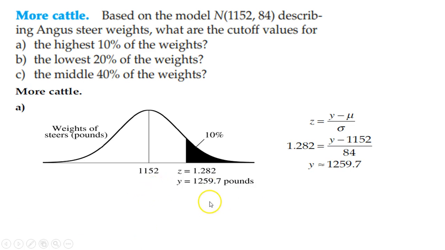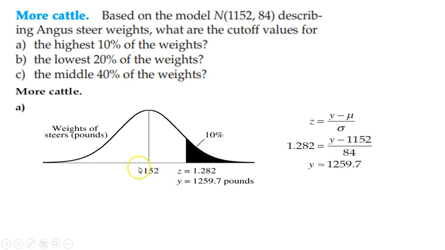However, you can also do this all in one step without even doing z-scores at all, to figure out the exact number of pounds. You're going to press 2nd VARS to go to invNorm. Still the same number, so you're going to do 90%. Type in 0.90, comma, and then use the actual mean and standard deviation.